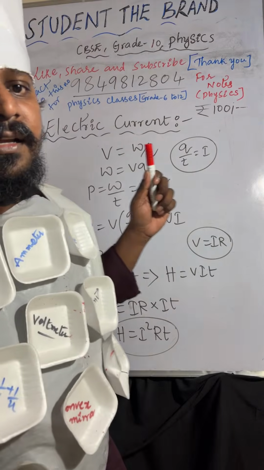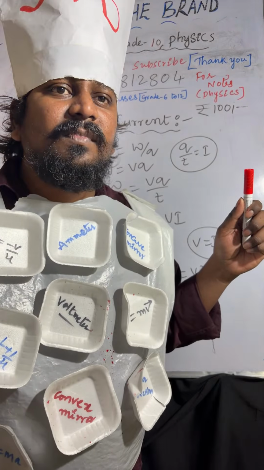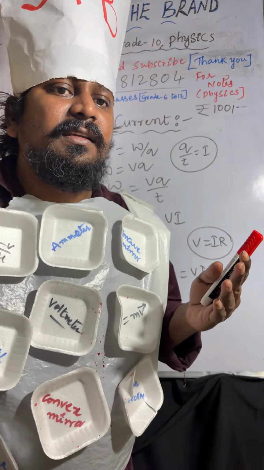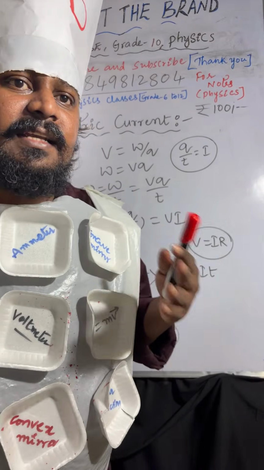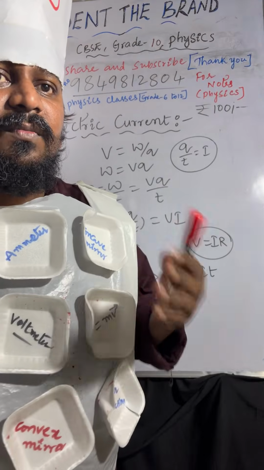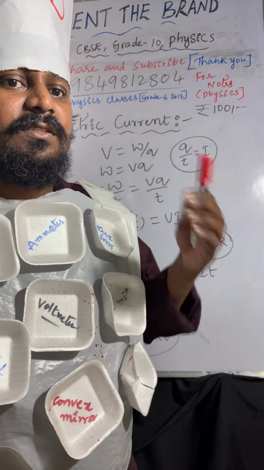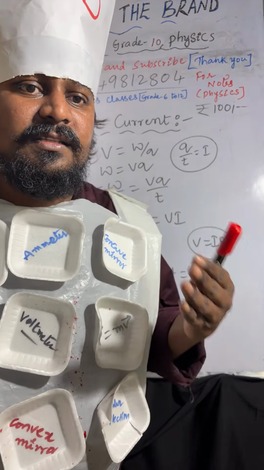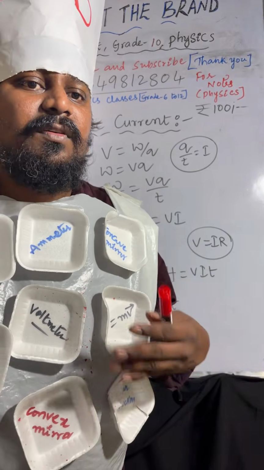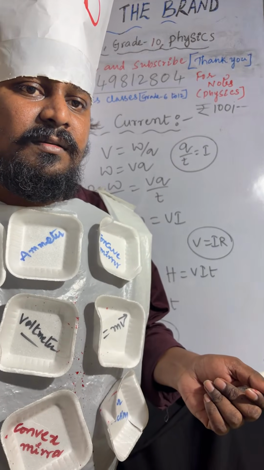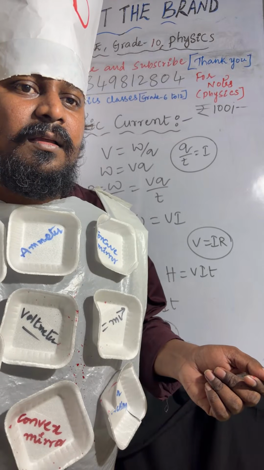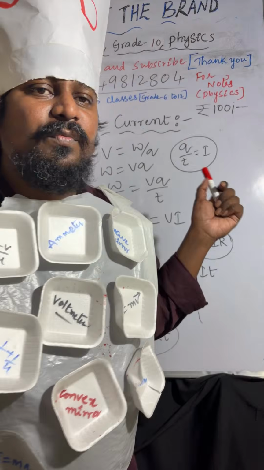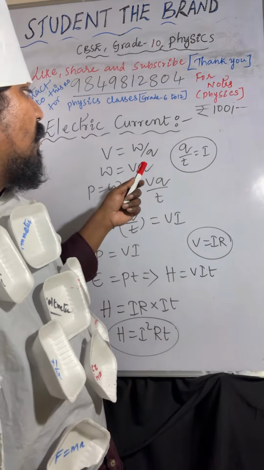Heating effect of electric current is nothing but the source of energy continuously getting dissipated entirely in the form of heat. Now, V equal to W by Q, W equal to VQ.